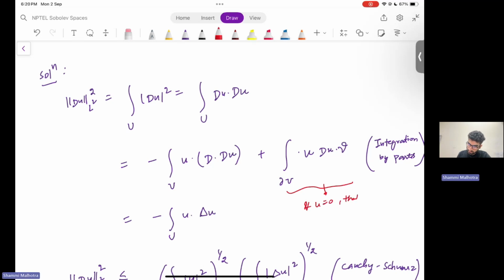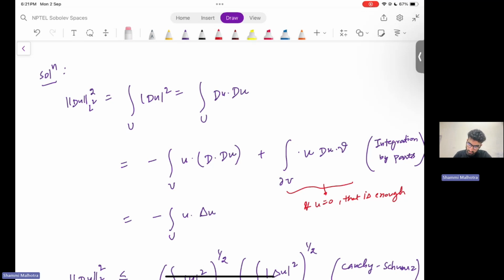That is enough for us. So we don't need any condition on the other function. If instead of considering du by du, I consider du times dv, that doesn't require the other function to be zero on the boundary.